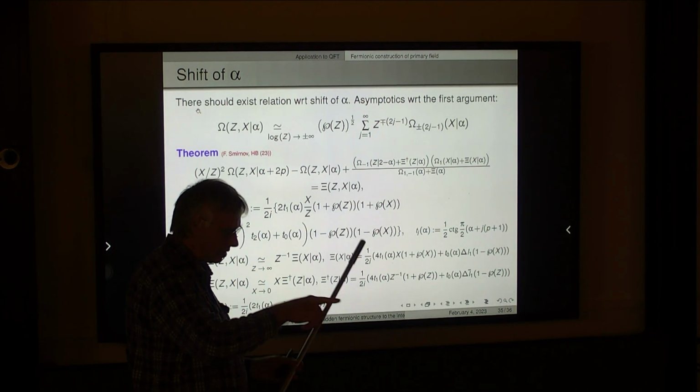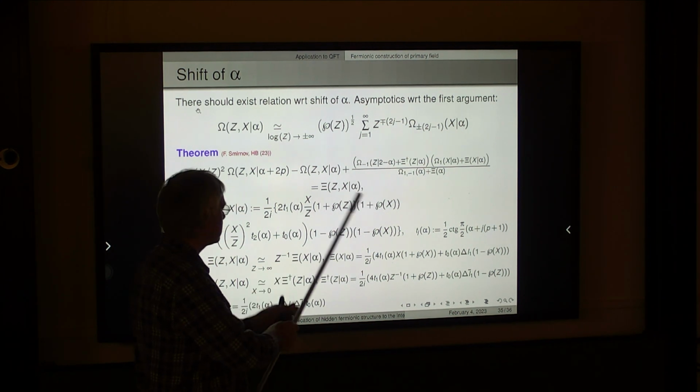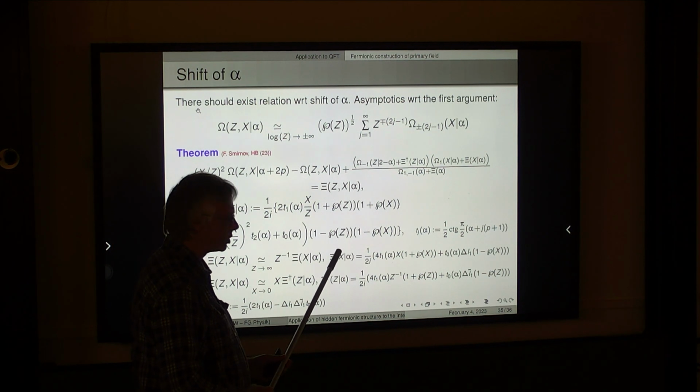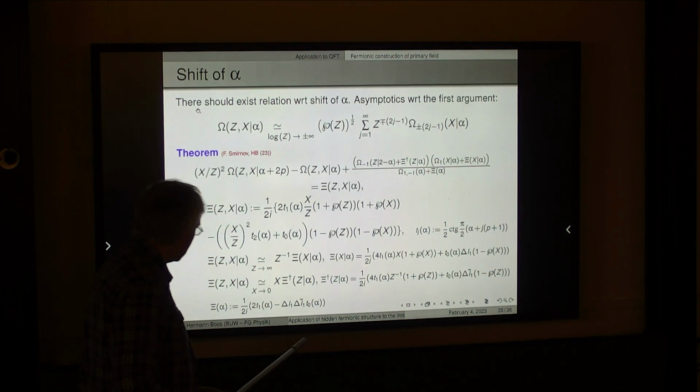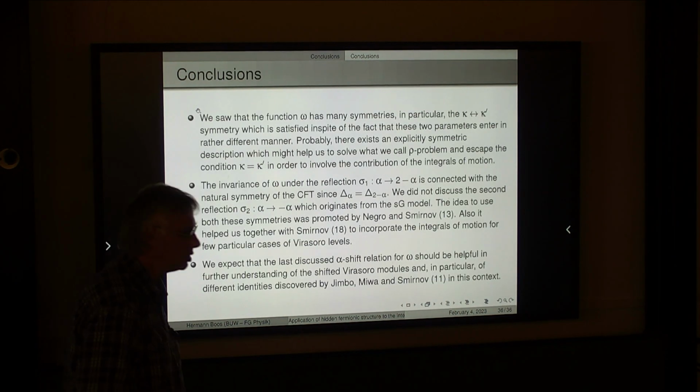As I said, this equation was obtained for the case rho 1. But this is a more general case when rho is not 1, and we hope that it will be kind of useful.